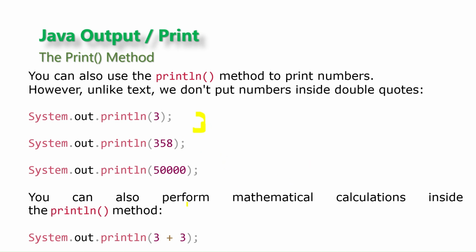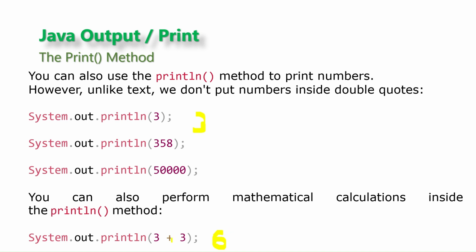You can also perform mathematical calculations inside the println method. Directly we can print the mathematical calculation. If there are any two numbers, we can perform addition, subtraction, multiplication, division, any mathematical operation using those two numbers inside the parenthesis using operators. This is the addition operator which gives the addition operation, and 3 plus 3, the answer is 6, and on the output screen it will print 6 as the answer.